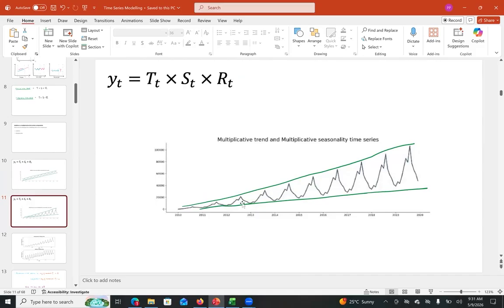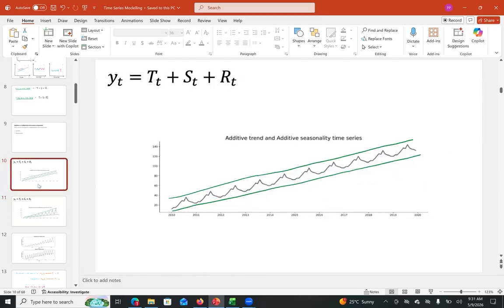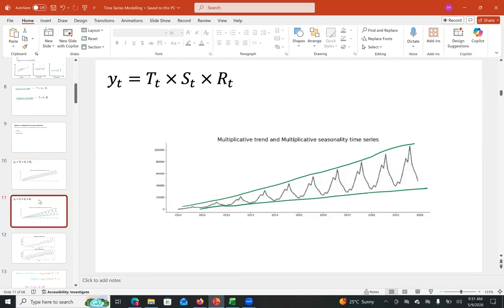Here the values are also in a channel, but the channel is increasing over the period of time. So this one is additive, this one is multiplicative. By looking at a time series, we can make a guess. But honestly, here they have taken a very simple example. In general, it is a little difficult to figure out whether it is multiplicative or additive. Sometimes it looks like a multiplicative one, but it is an additive time series.